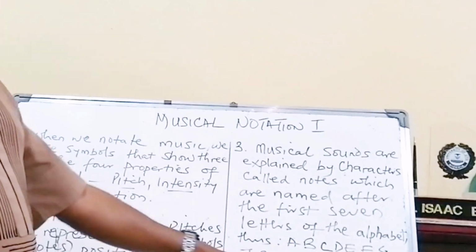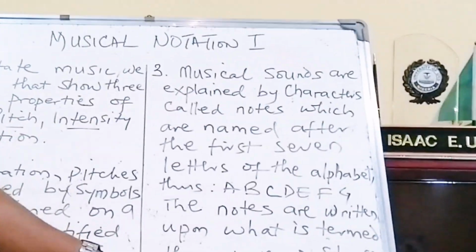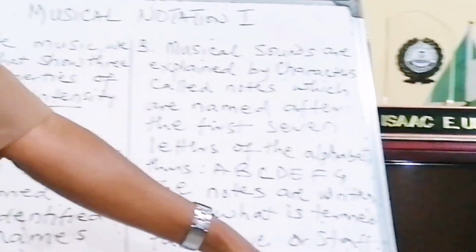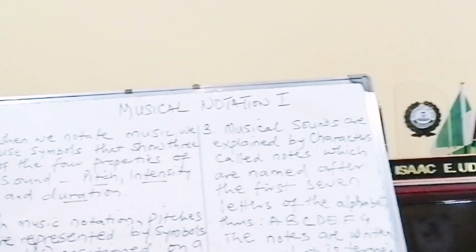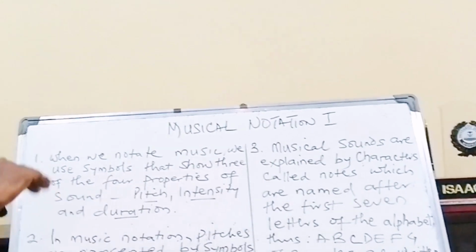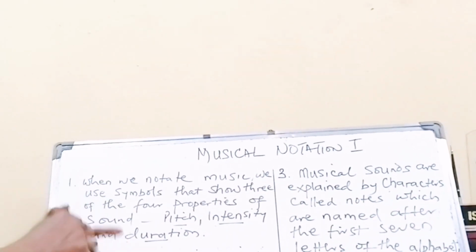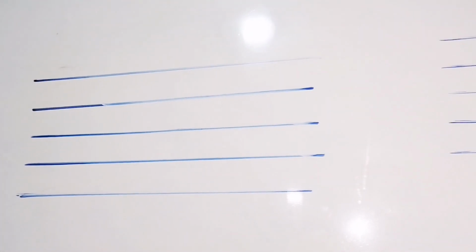And the notes are written upon what is termed the stave or staff. And a stave or staff consists of 5 horizontal lines and spaces. And let me illustrate that on the board. Okay, it can easily be seen on the board now.